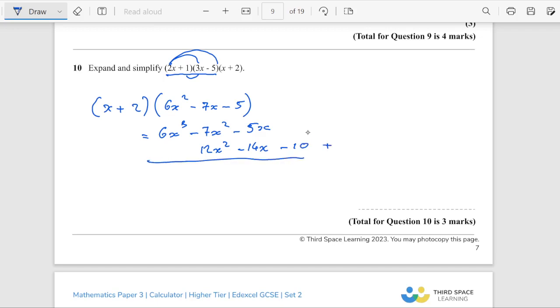Because I've laid it out like this, it's easier to add. So that's going to give me 6x cubed plus 5x squared minus 19x minus 10. So we're looking at 6x cubed plus 5x squared minus 19x minus 10.